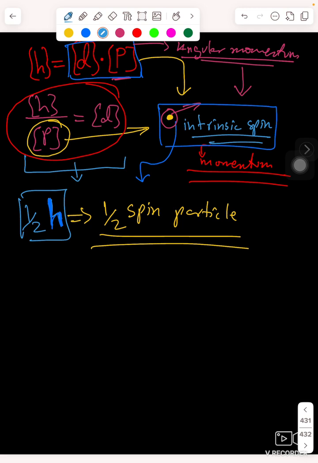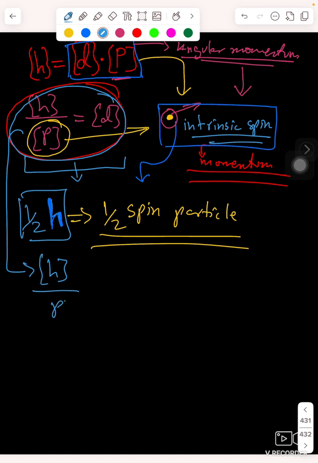Now let's talk about this equation by expanding it. Let's add one more thing. Let's say that this particle does have intrinsic spin, but it's not moving externally.